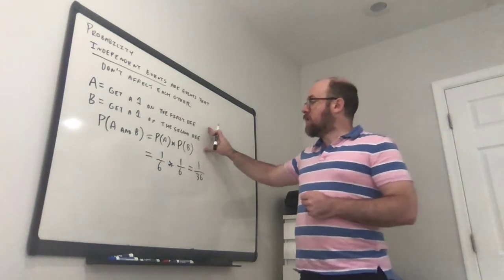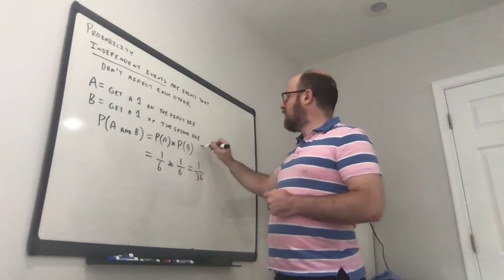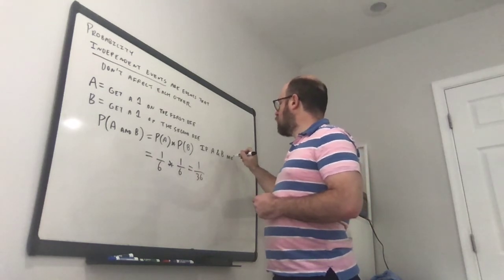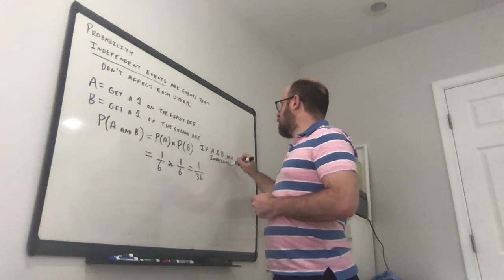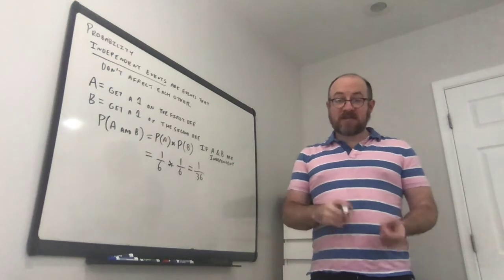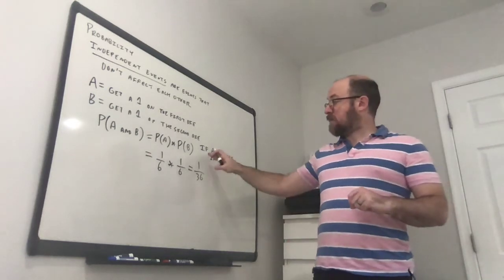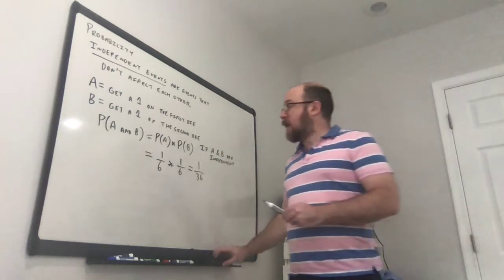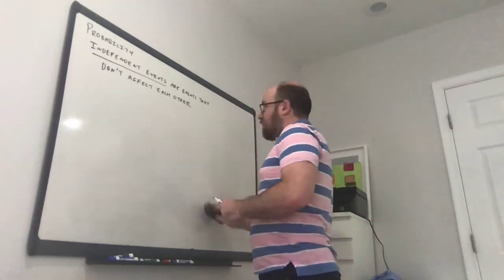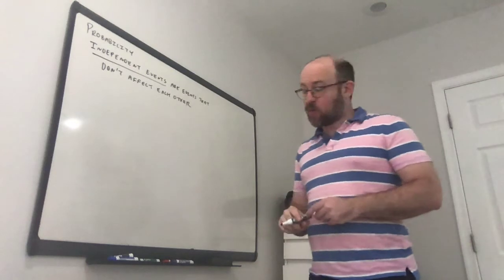So you can only do this. This only works if A and B are independent. Okay? So if the probability of one doesn't affect the other, it's the only time when you can do this. Let me give you an example where they're not independent and this doesn't work.